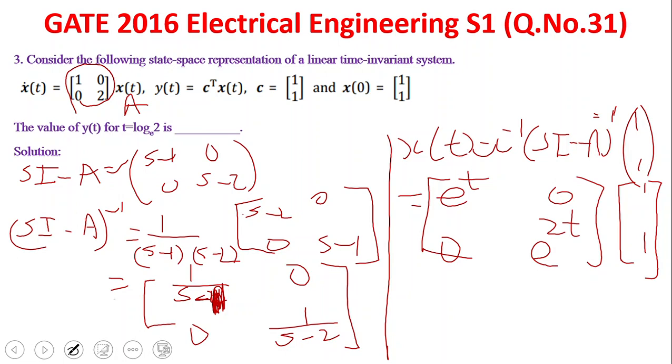Now, in the next slide, we will see Y of t. What is Y of t? X of t is this. On simplification, this is e power t into 1 plus 0, 0 plus e power 2t. Now we need y. What is y? Y is Cx.